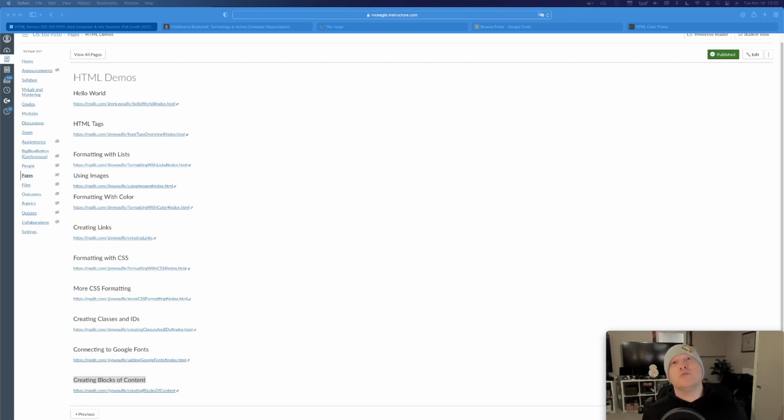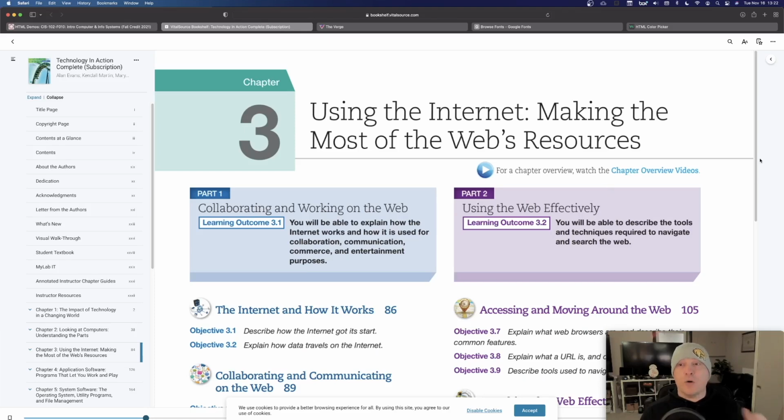So first and foremost, before we even look at code, let's take a look instead at what a block of content is giving a page in the way of design. So I'm going to come here to our textbook, which doubtless by now you have read at least a little bit of.